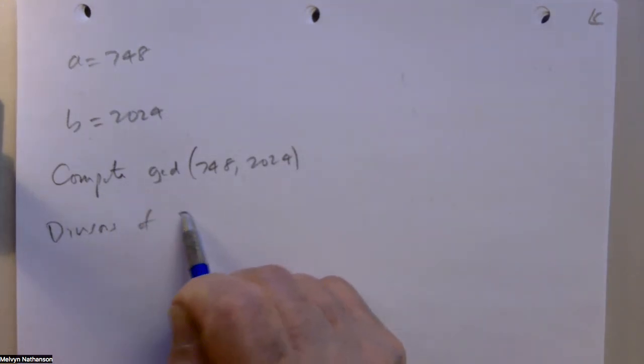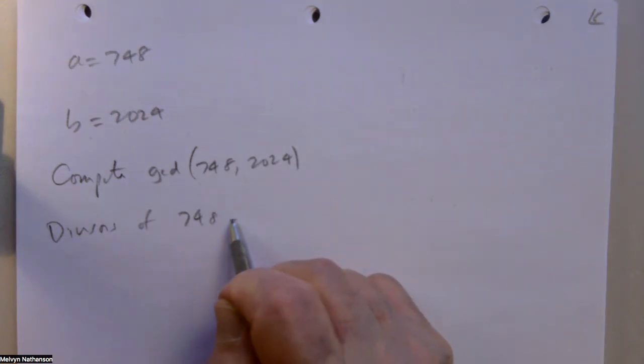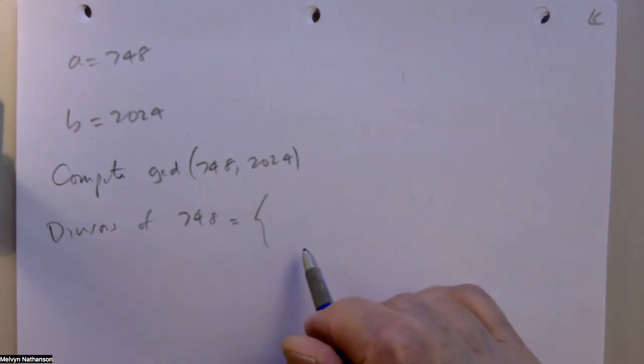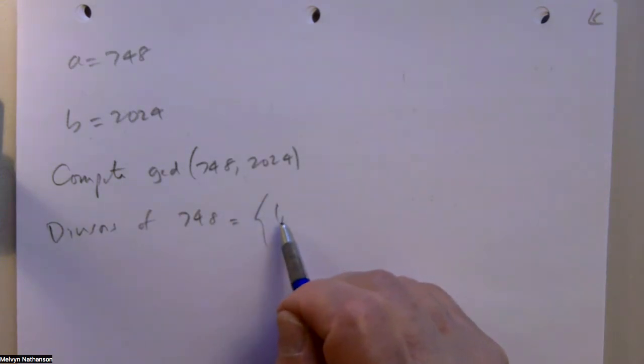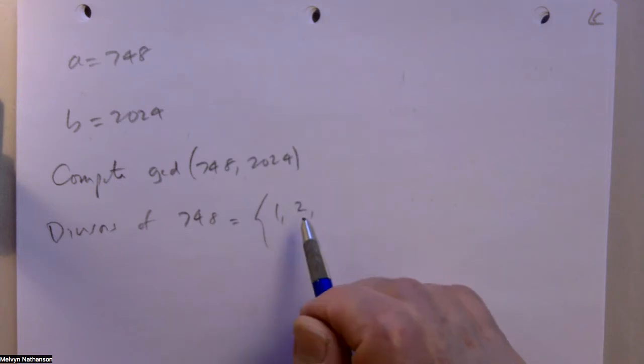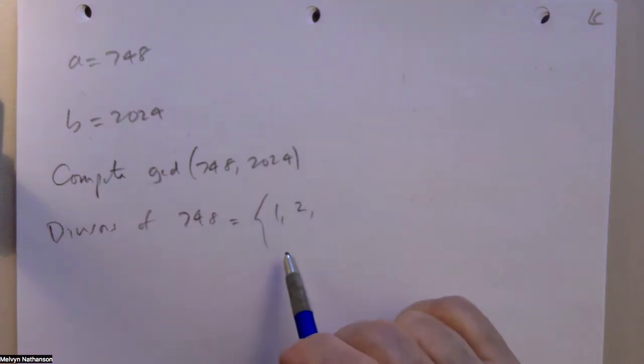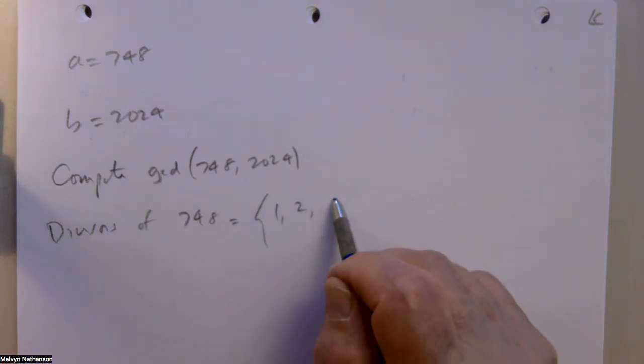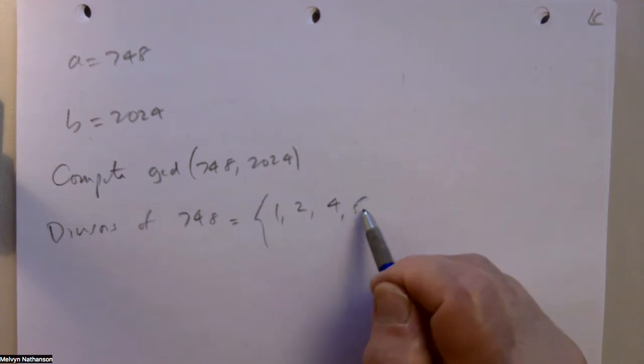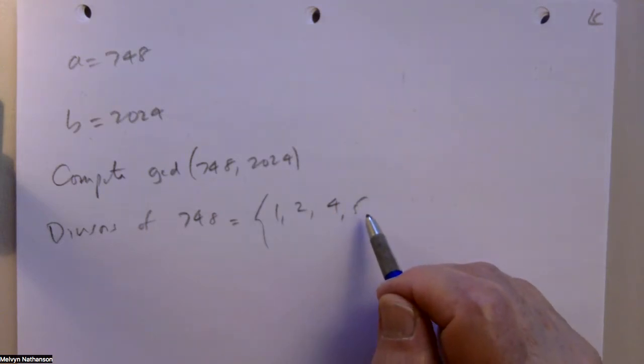What are the divisors of 748? Well, it's the following set of numbers. Let's say 1, 2, 2 divides it. 3 doesn't, but 4 does. 5 doesn't. 6 doesn't.